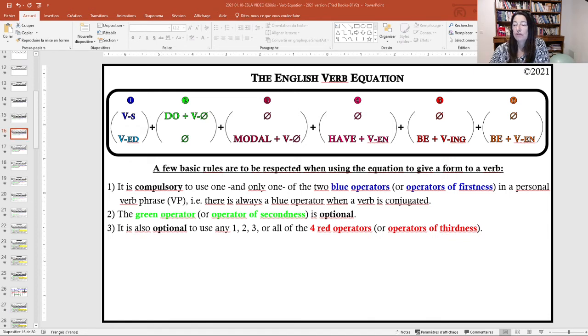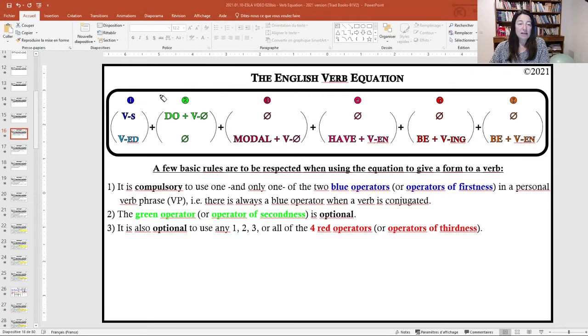You can choose one, you can use one or two, any two of these operators, or you can use 3 of them. I mean, you can choose to use any one of these 4 red operators, or you might choose any 2 or any 3 or even all 4 of them.